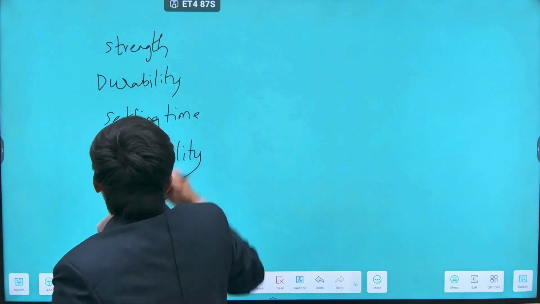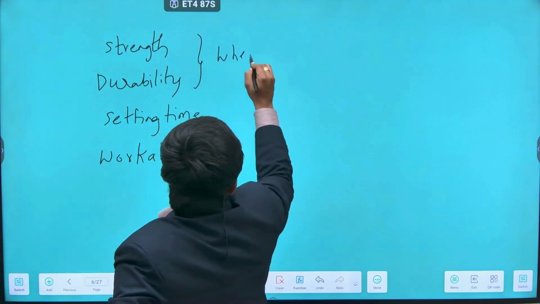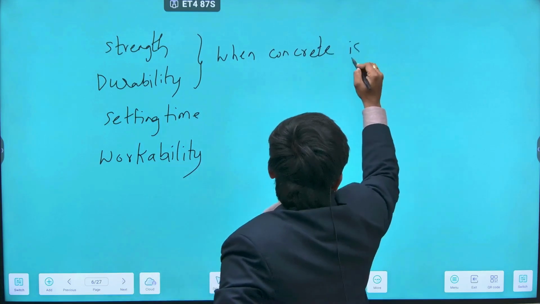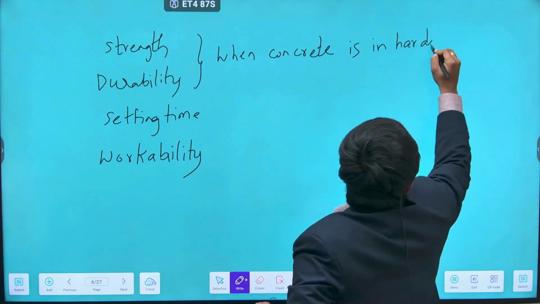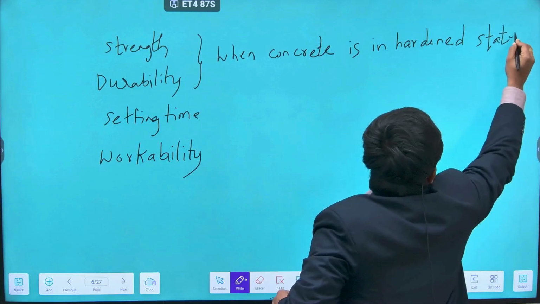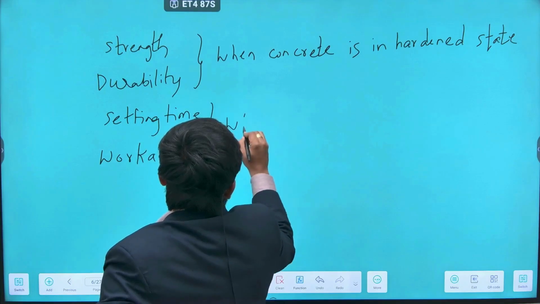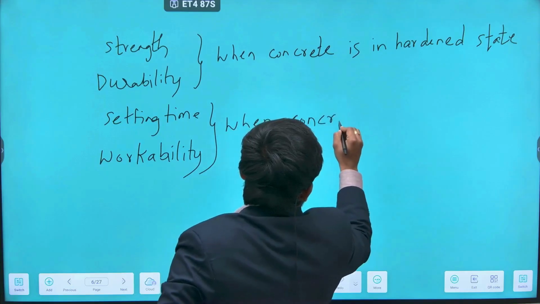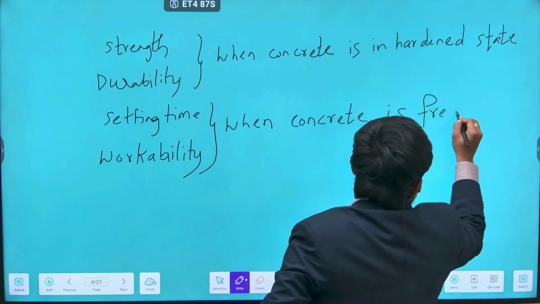Okay, when can I achieve strength and durability? When concrete is in the hardened state. When can I deal with the other properties? When concrete is fresh.